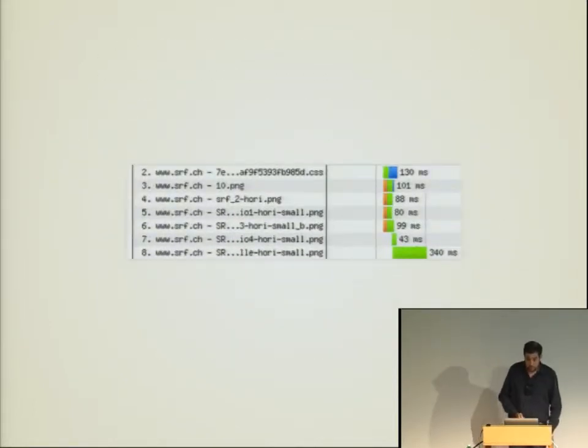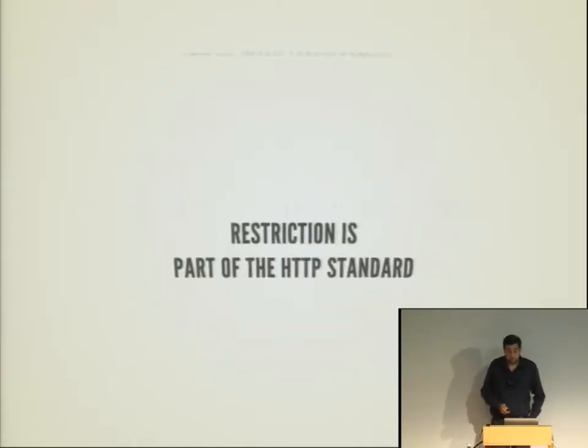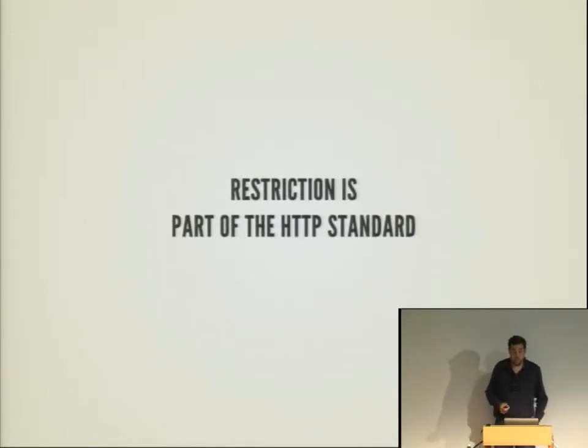Further, you can see from this graphic, you could think that when the browser gets the HTML, it needs 50 images, so it requests all the 50 images in parallel, but the browser doesn't do that. That's because there is a restriction in part of the HTTP standard.